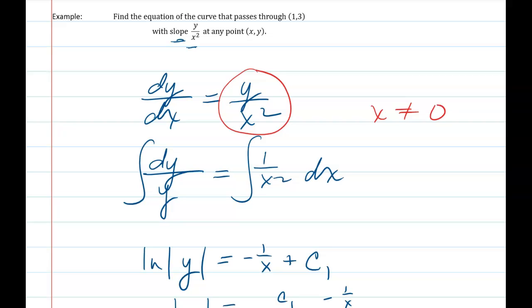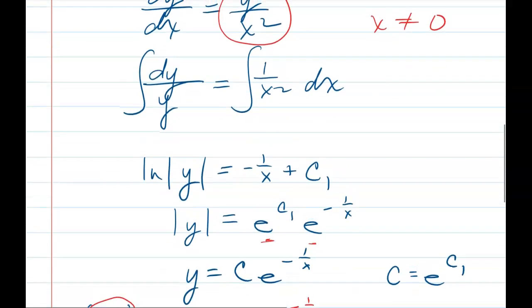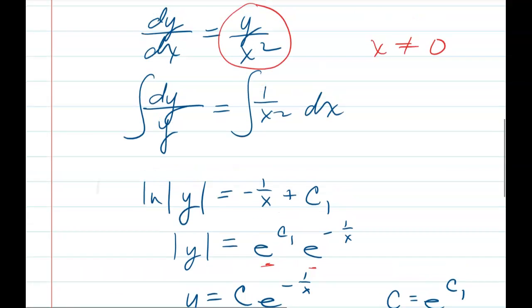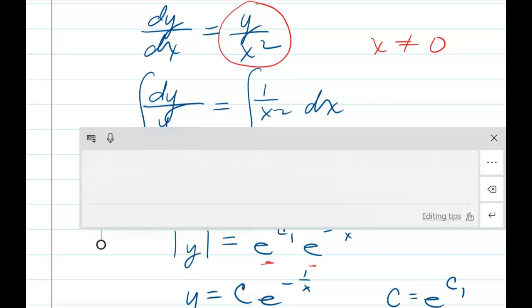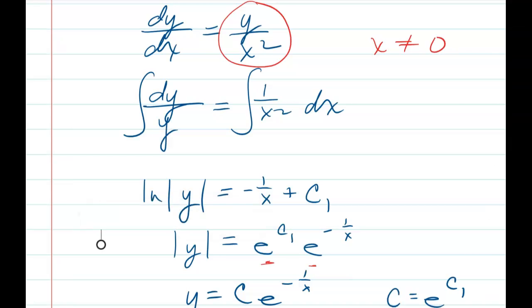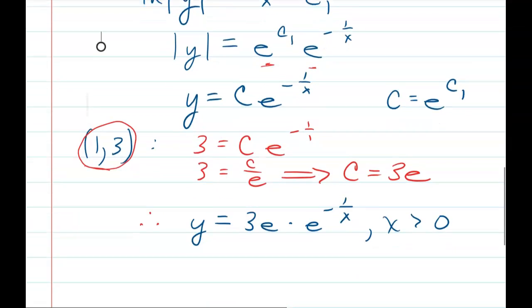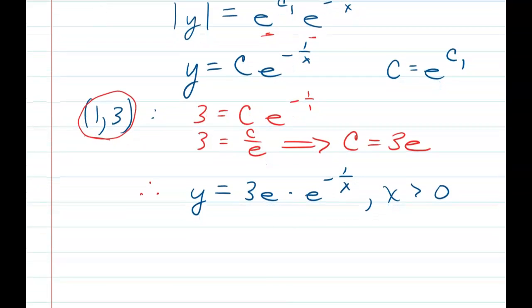And remember, the solution to a differential equation cannot pass through a discontinuity in the slope field. And a discontinuity in our slope field would mean we'd have to go through that x-axis. We can't do that, and the initial condition is above, so hence we need to say that x is greater than 0 here.